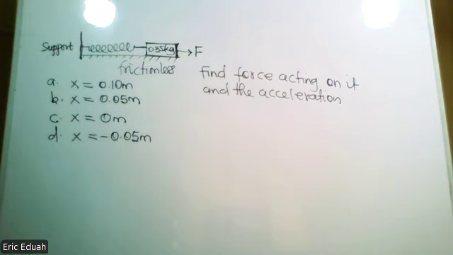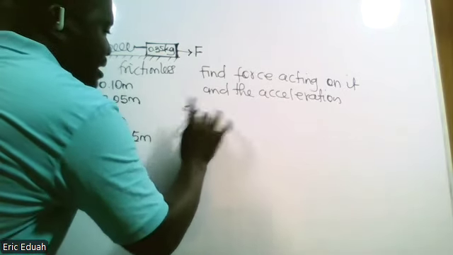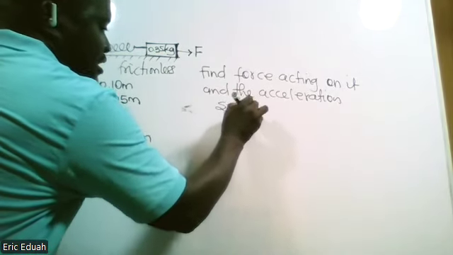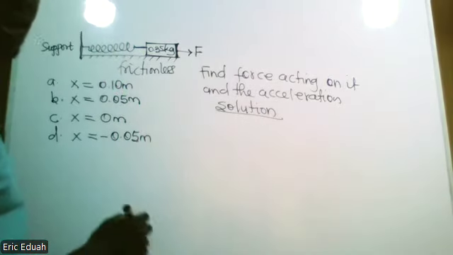So question 1. For A, if the displacement is 0.1, what will be the force? What will be the acceleration? How do we determine the force acting on it? By using Hooke's law.